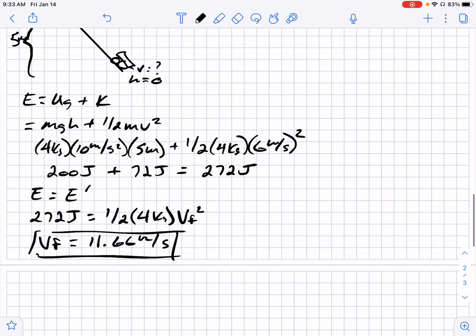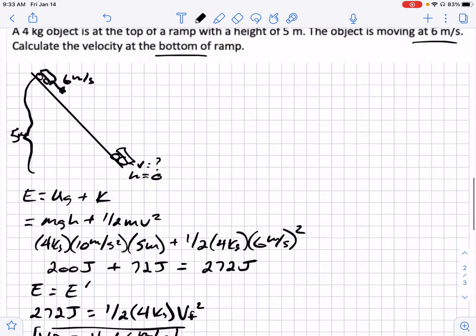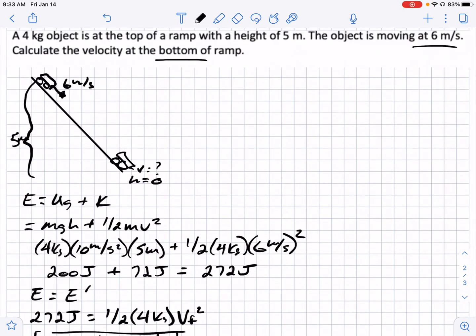Now, another way that we could approach a problem like this is making what we call a conservation equation. Before at the top, we said we had gravitational and kinetic energy, and I'll put a T for the top. And we can set that equal to the kinetic energy at the bottom of the ramp.